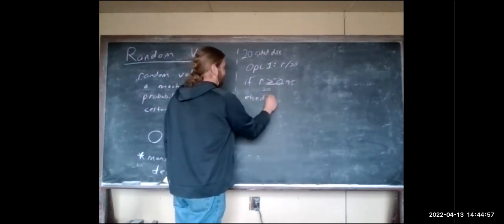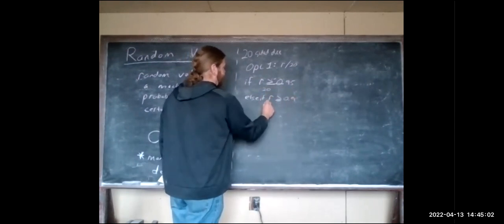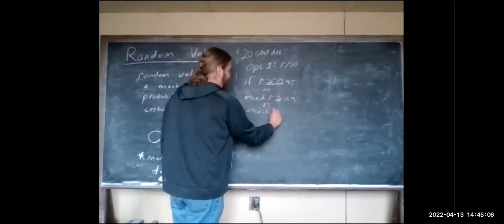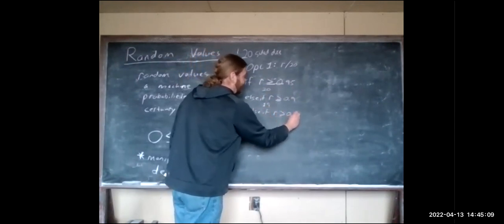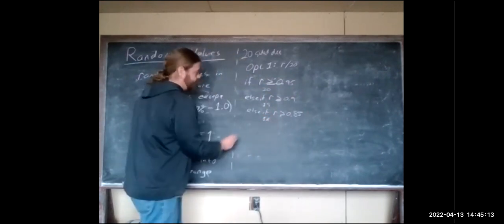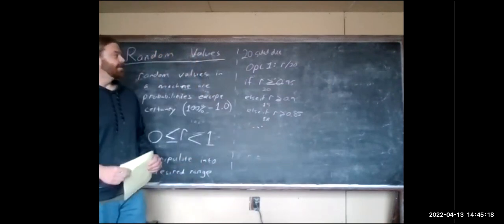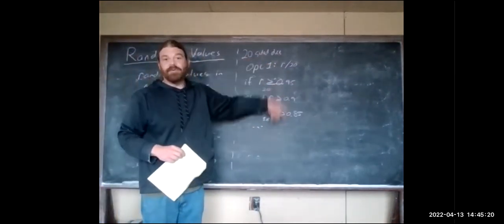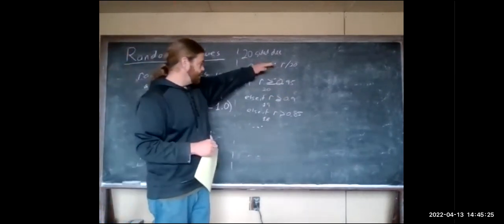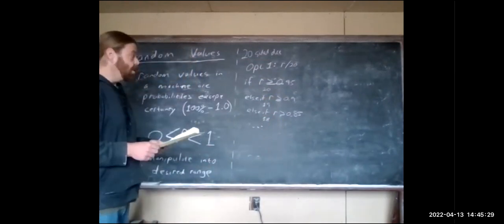If it's not bigger, is R bigger than 0.9, in which case it's a 19. Otherwise, else if R is bigger than 0.85, then 18, and hopefully y'all can see where that pattern's going, right? We divide by 20, and that's 0.05 each time. So we just section that out in a selection structure, or we could do some math with it.